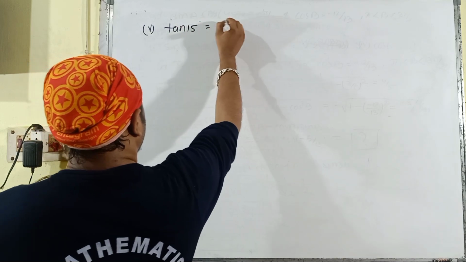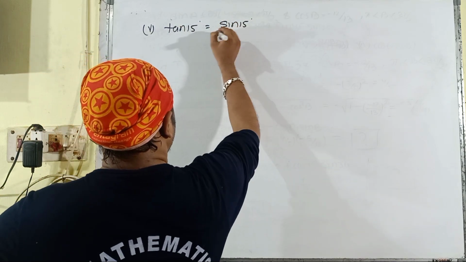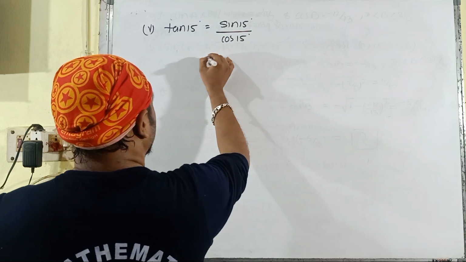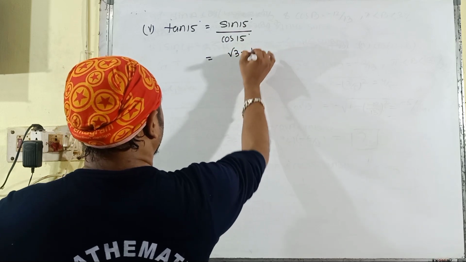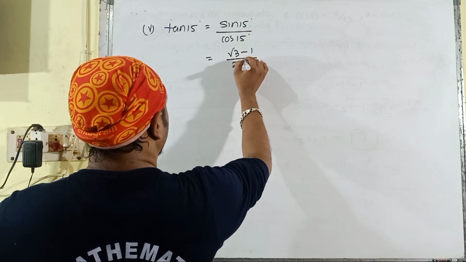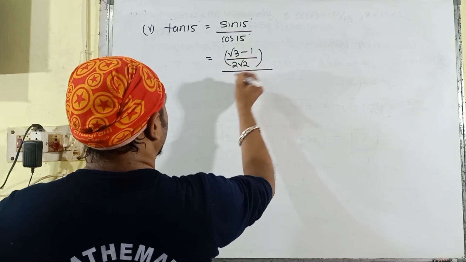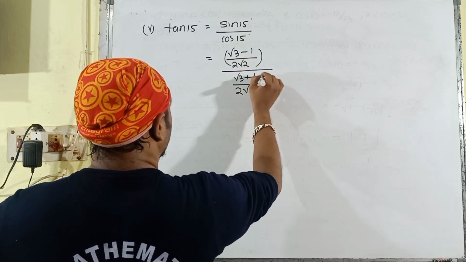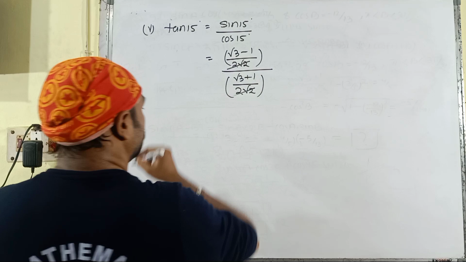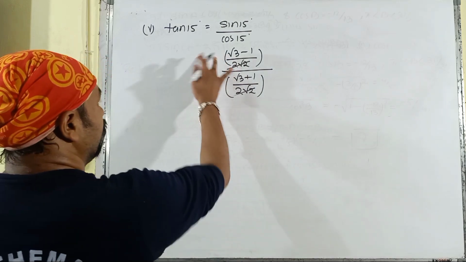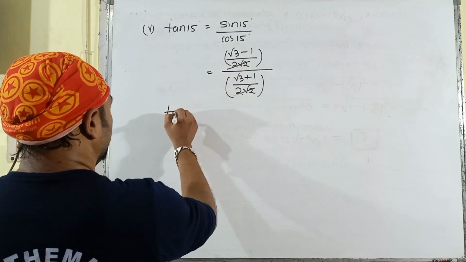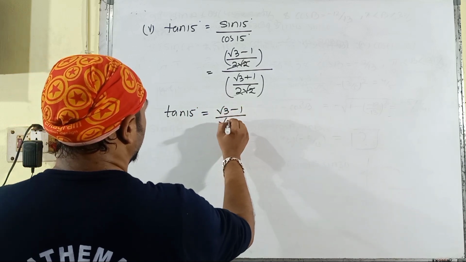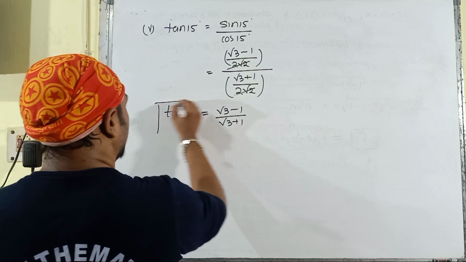Tan 15 degree is equal to sin 15 degree divided by cos 15 degree, and that is equal to root 3 minus 1 divided by 2 root 2 whole divided by root 3 plus 1 divided by 2 root 2. Cancelling both of the common denominators here, we are getting tan 15 degree is equal to root 3 minus 1 divided by root 3 plus 1.